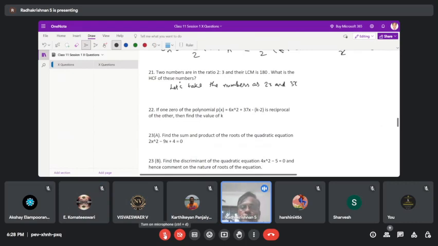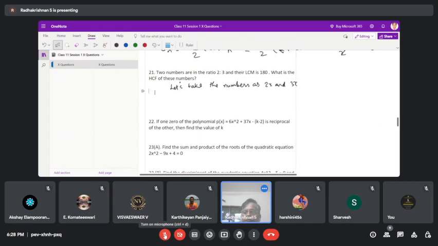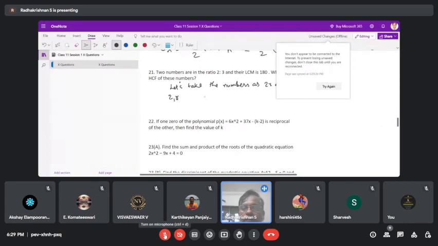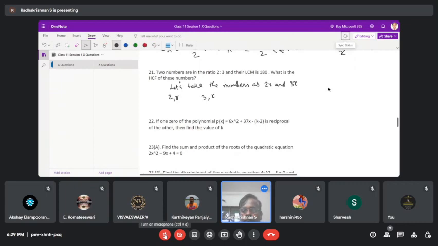Okay, now let's take the numbers as 2x and 3x. So what is the LCM of 2x and 3x? Equate it to 180, so we can get the value of x and hence the value of the numbers, and then you can get the HCF. So if the numbers are 2x and 3x, what is the LCM in terms of x? The first number, the factors are 2 and x. Second number, the factors are 3 and x. Okay.